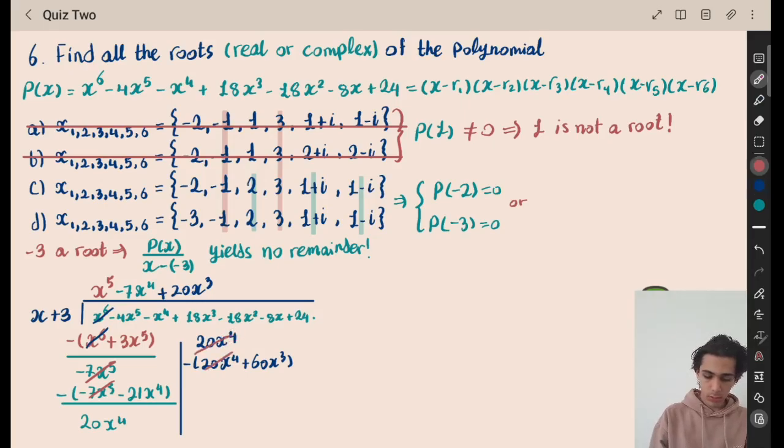Then they cancel out. Minus 60 and then plus 18, so that's going to be minus 42x cubed. And then we go on.